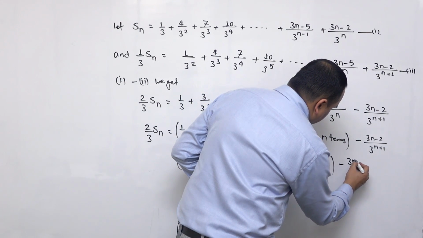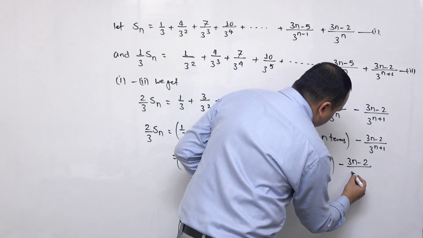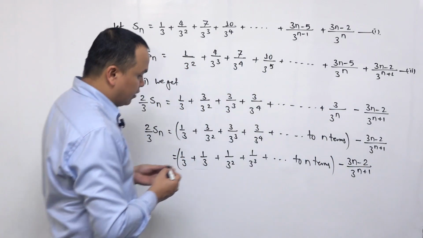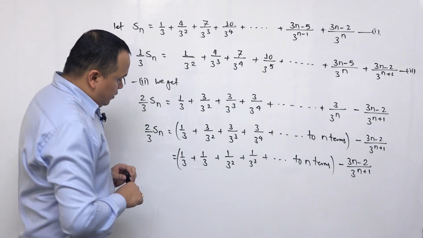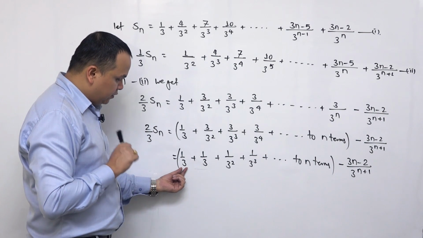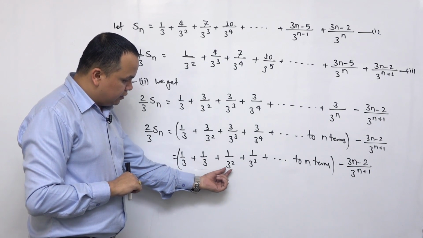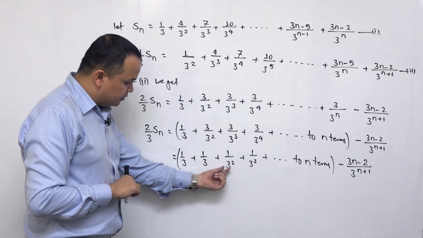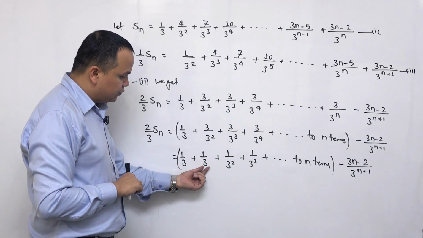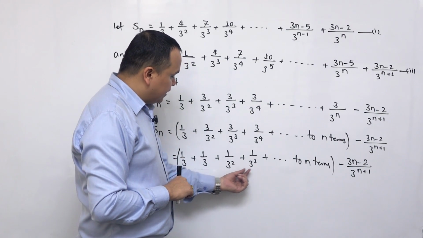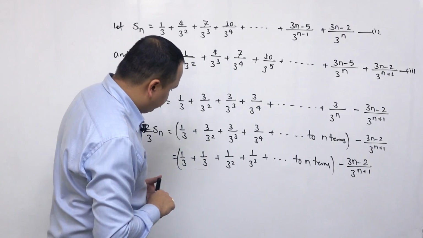Minus (3n minus 2) upon 3 to the power n plus 1. Here T2 by T1 is 1 upon 3, T3 by T2 is 1 upon 3, T4 by T3 is 1 upon 3.